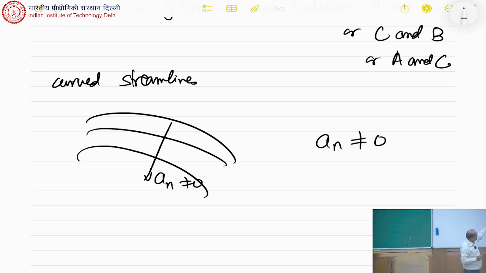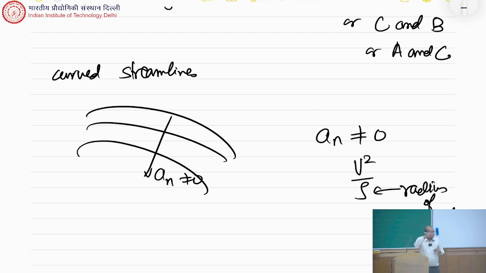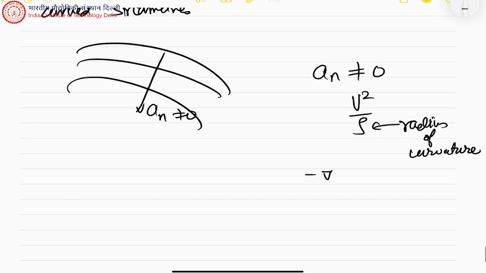What will be the normal acceleration? Even if the velocity is constant, in case of curved streamlines, the normal acceleration will not be 0. And what we have seen is minus gradient P by rho is equal to A, or minus grad P is equal to rho A.